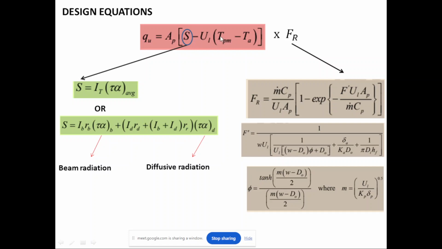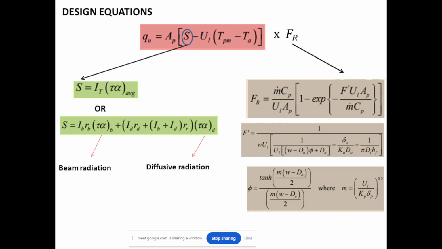So this is UL. TPM is basically the plate mean temperature. You have a plate, but in real time conditions it is not always necessary that all the points on that plate are heated to the same temperature at the same rate. One point might be at a different temperature compared to another, because of a lesser amount of radiation falling on the surface, or due to the tilt, the way the flat plate collector has been constructed, and many other reasons.